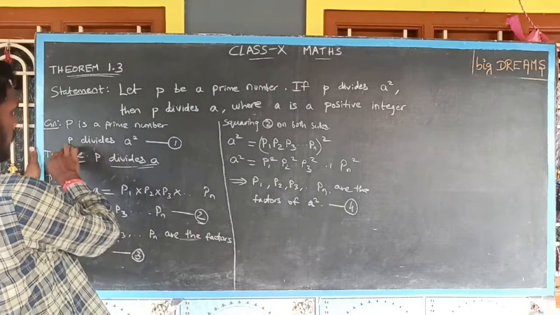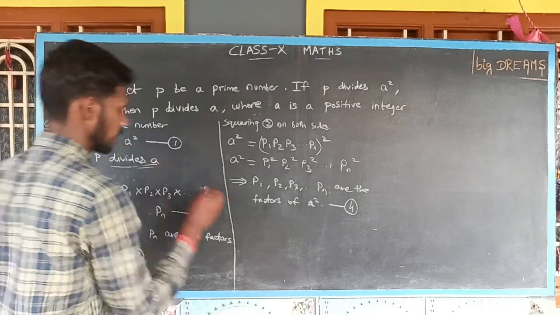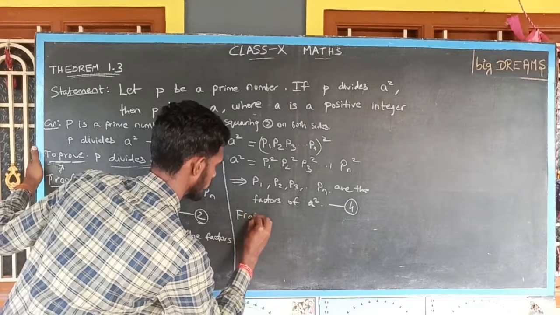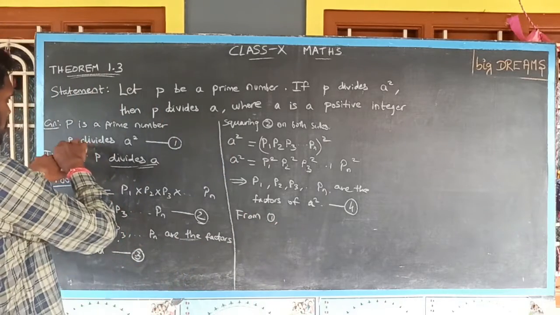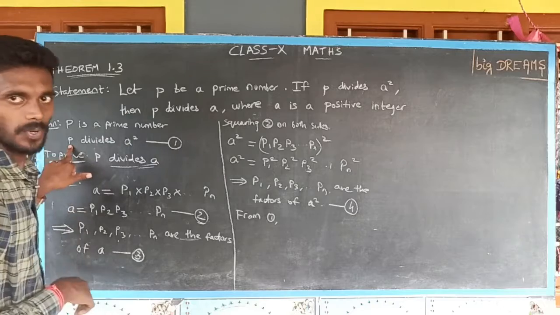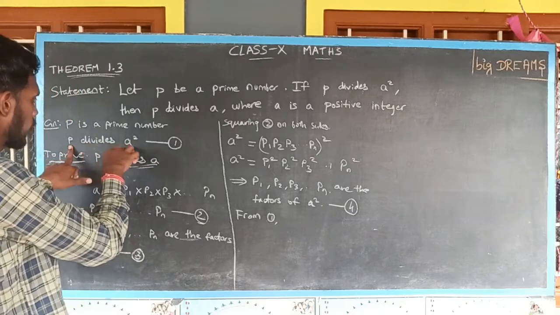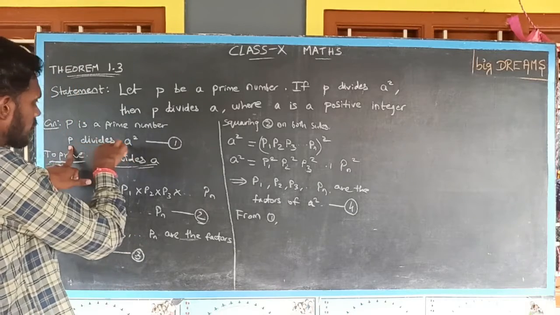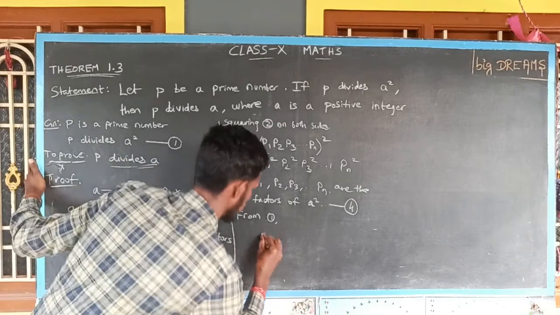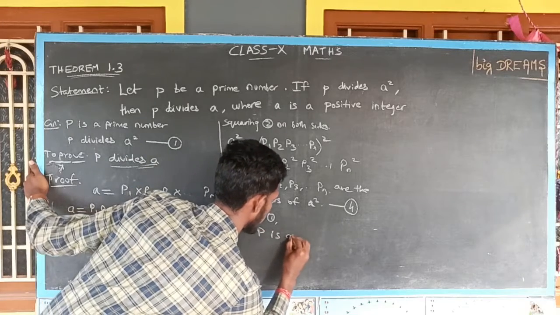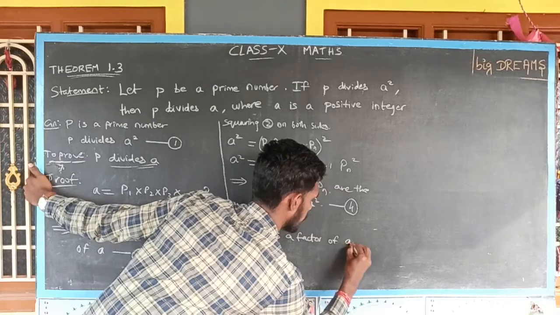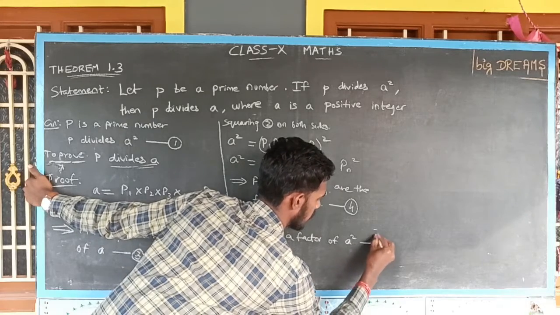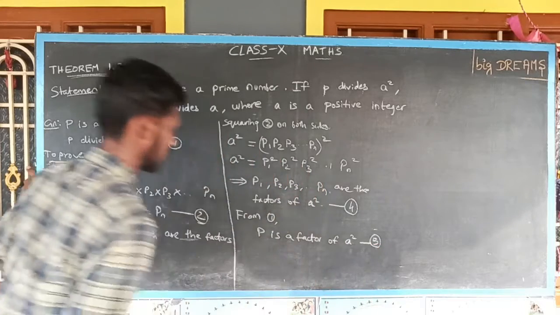They have given P divides A square. So from statement 1 I can say P is a factor of A square, which means P is one of the factors of A square. Name this step as 5.